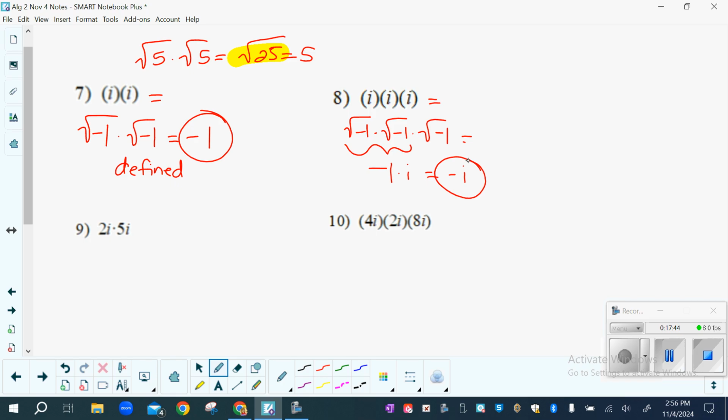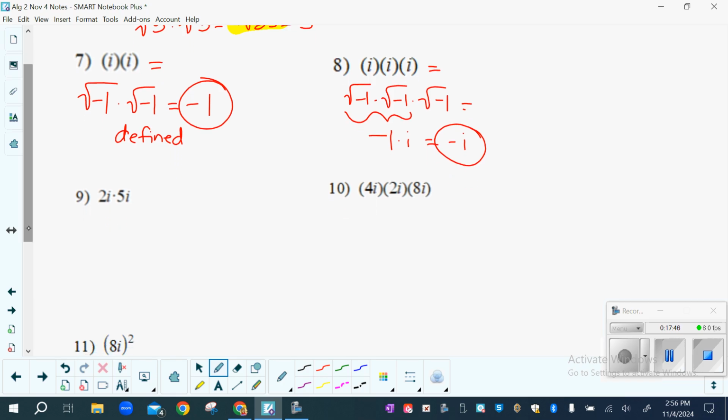So if we took 2i times 5i, 2 times 5 is 10. And then we have the square root of -1 times square root of -1. Somebody over here in this room, what is the square root of -1 times square root of -1? -1.